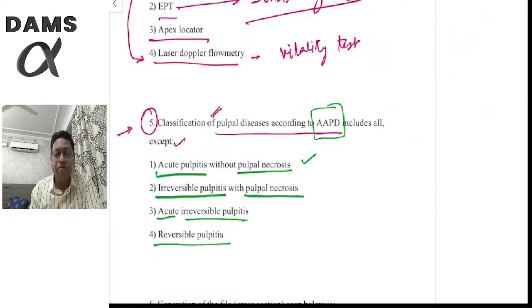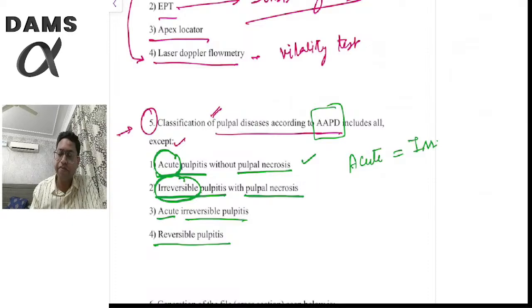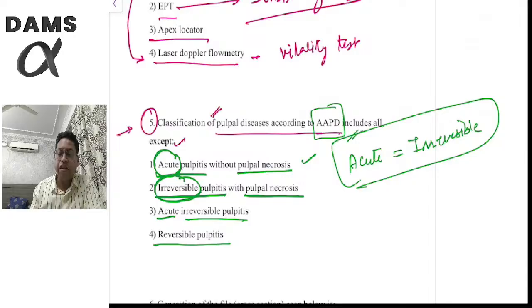Now you can see the terms used. Here it is written acute pulpitis, and here it is written irreversible pulpitis. Technically speaking, whenever we use the word acute, it always signifies irreversible. These two words cannot be used together. Acute always means irreversible with respect to pulpal diseases.